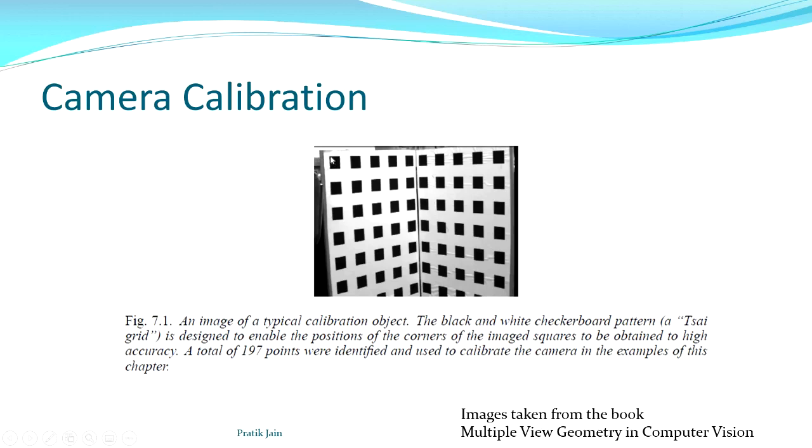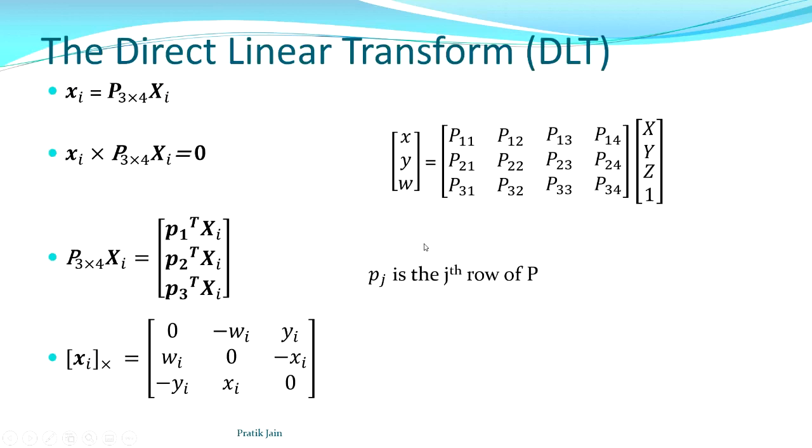So now you have this correspondence: a point in the image plane and its actual 3D location. With the different correspondences, you can get the projective matrix or the camera matrix. We'll see now how.